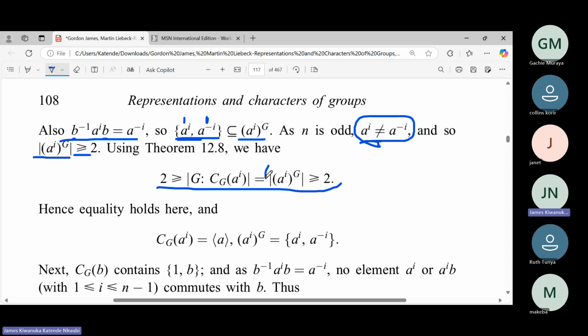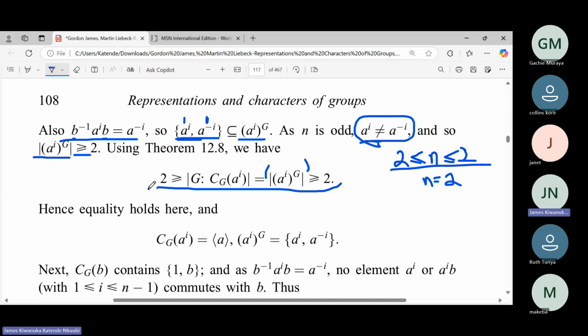We have sandwiched this value at 2, and therefore it has no option but to be equal to 2. There's a sandwich theorem which says if you have some number n and you can show that 2 is less than or equal to n and n is less than or equal to 2, this means that n must be equal to 2. You can look it up and get the details.